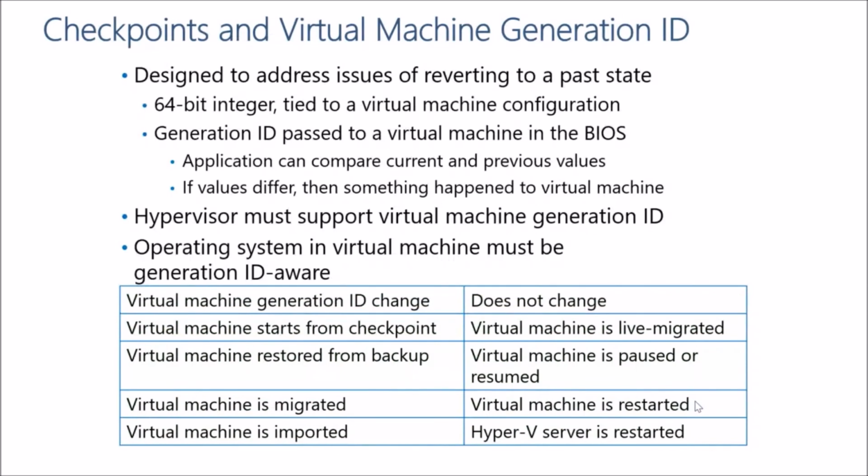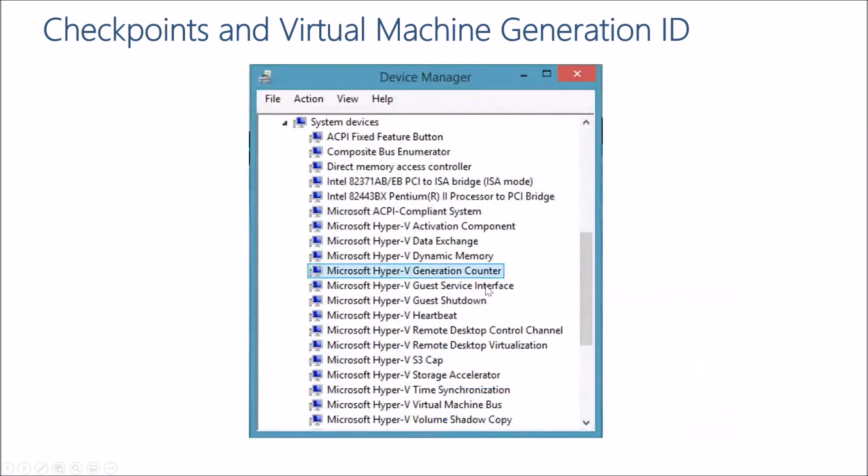So an application can compare the current and previous values, and if they are different, then it knows that it's gone back in time. So the hypervisor must support virtual machine generation ID. Operating systems in the virtual machine must be generation ID aware, and therefore, here it is, the generation counter, it's something that you can see.